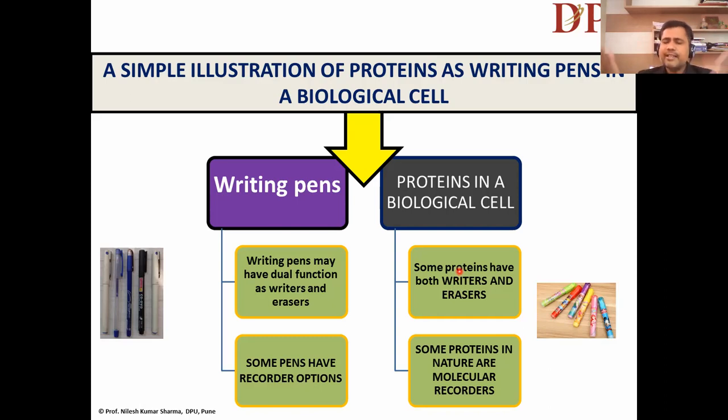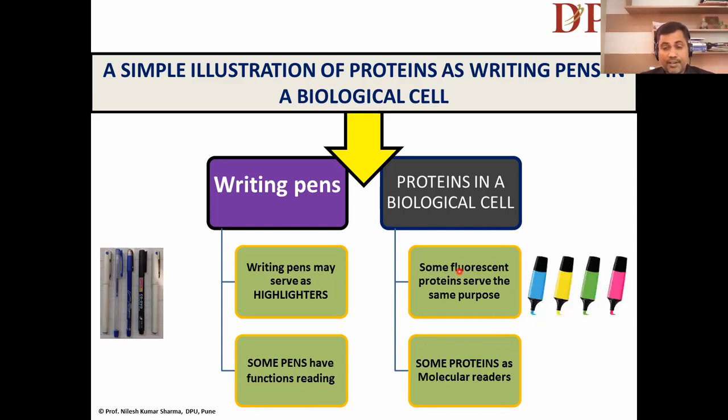They can record various events within the cell, like transcriptional events or chromatin remodeling events. That is also very interesting, and it connects the dots between the similarities of writing pens and proteins in a biological cell system.